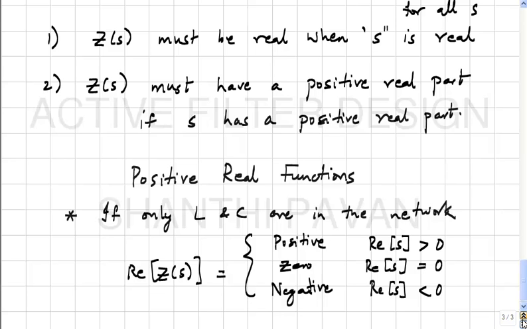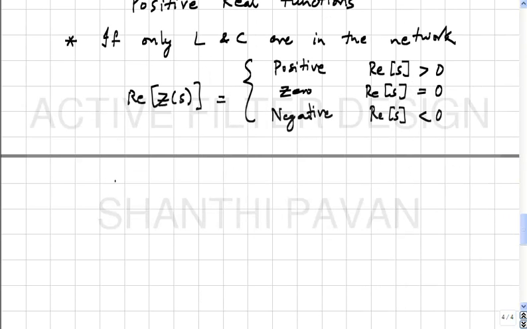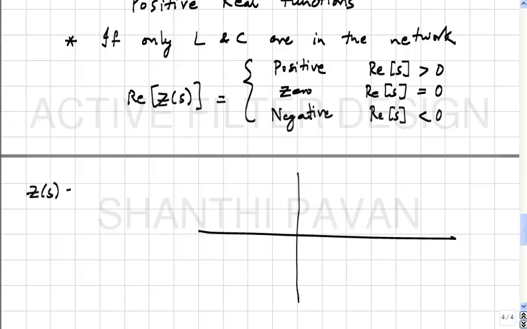All right. Now that we know this, if Z of S is a complex function and it only consists of inductors and capacitors, in other words, if it consists of lumped elements, this must be of the form n of S by d of S, where n and d are polynomials in S. Correct?